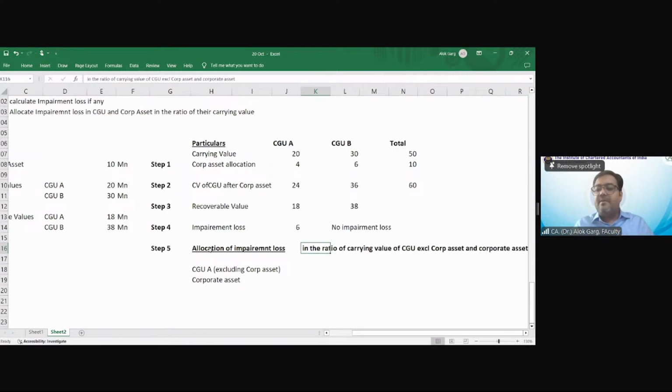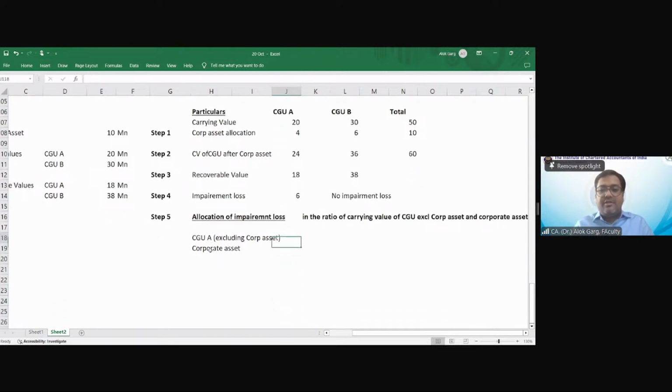Okay. So friends, what is my carrying value of CGU excluding corporate asset? 20 million. What is my value of corporate asset? 4 million, right? So what is my carrying value? 20 and 4.